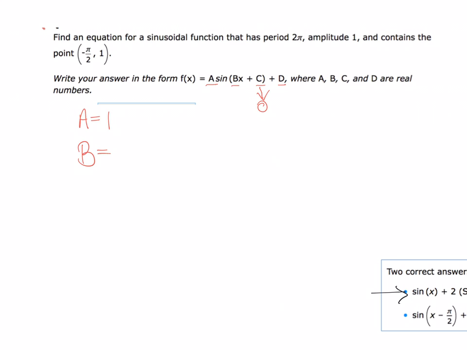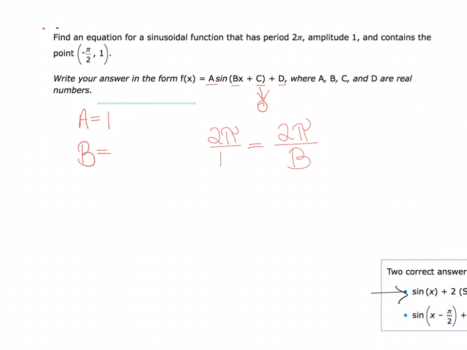So our period is given as 2 pi. Let's go ahead and find what b is using the formula for period. So we've got 2 pi, which is our period, and we're going to put it over 1. Remember, we can find any period using 2 pi over b. So I'm saying period equals 2 pi over b.